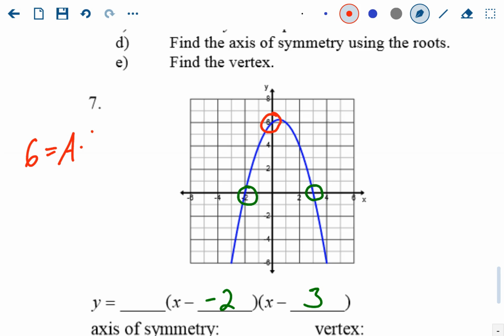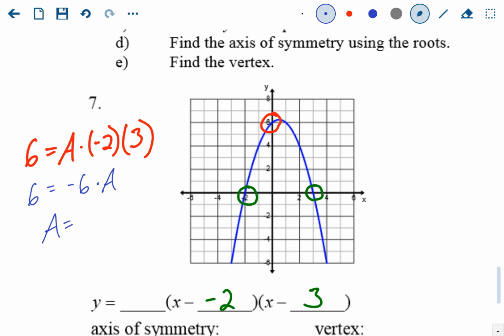We know p is -2. And we know q is 3. So we could solve for a now. It's going to be 6 equals -6 times a. Divide by -6. So your a value, 6 divided by -6 is -1. It goes out front.